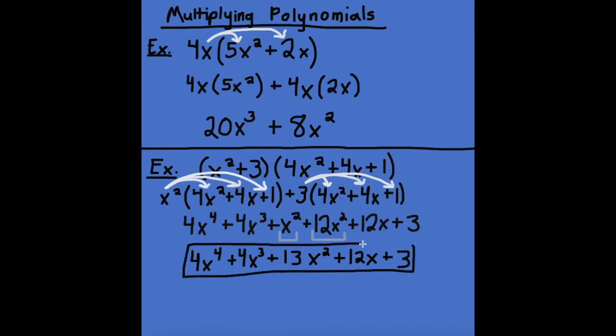Therefore, the answer is 4x to the 4th plus 4x cubed plus 13x squared plus 12x plus 3.